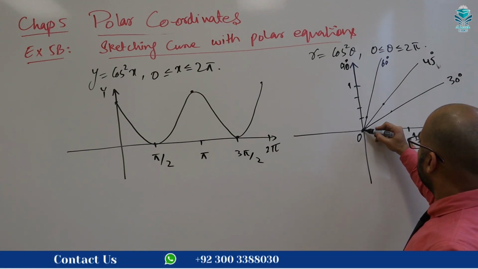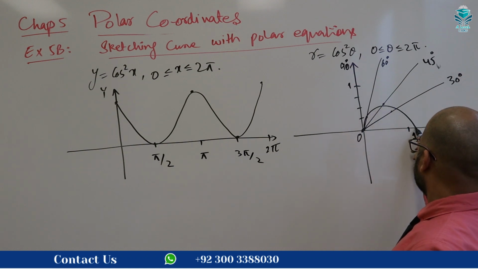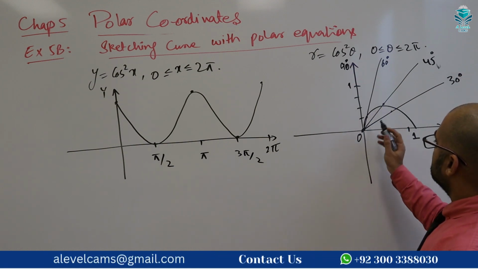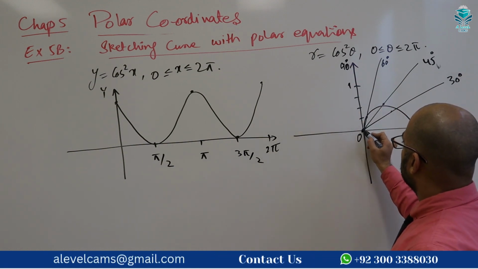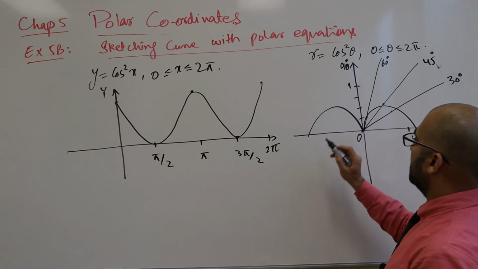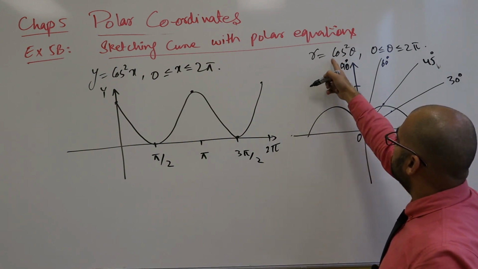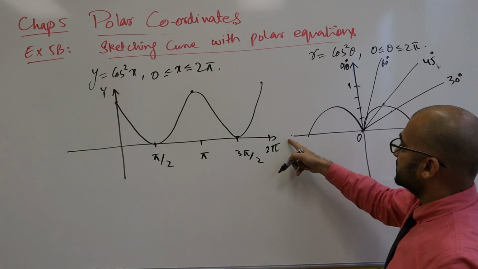So when you draw it, you will get a figure like this. Understand? Similarly, it has a reflection about this one. At 180 degrees cos will be minus 1, but r will be 1 because minus 1 squared is 1.